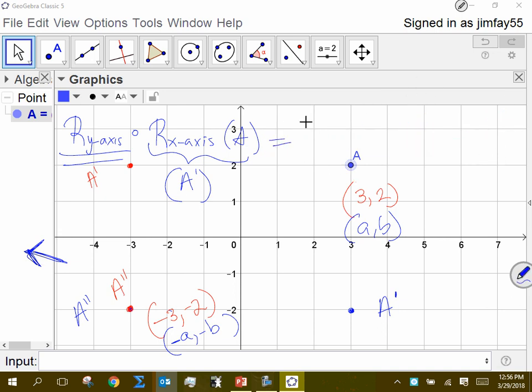So we find out that a rotation of 180 degrees of A is identical to that composition of those reflections. Okay? And that's a common question to be asked. If I've conducted these multiple compositions, can you provide a transformation that would have taken your pre-image straight to your final image without having to go through the middleman images? Does that kind of make sense?